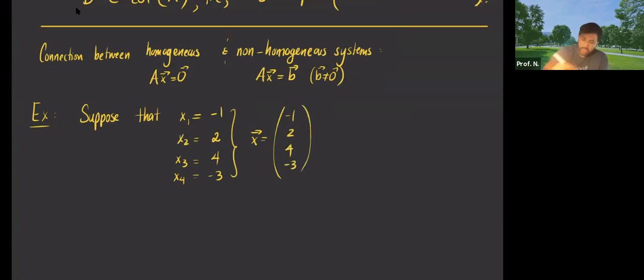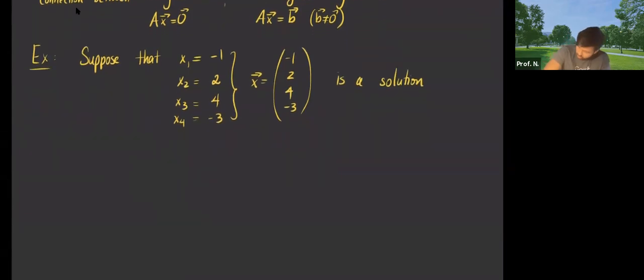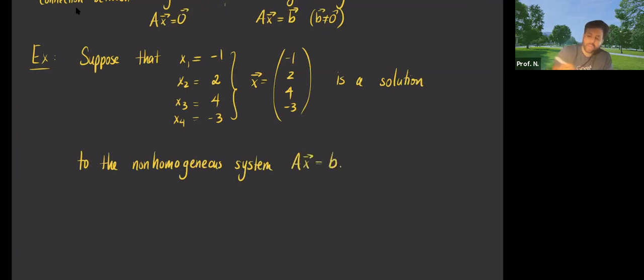Suppose this is true, and this is a solution to the non-homogeneous system AX equals B. Okay, so we have a solution, and the solution is AX equals B.